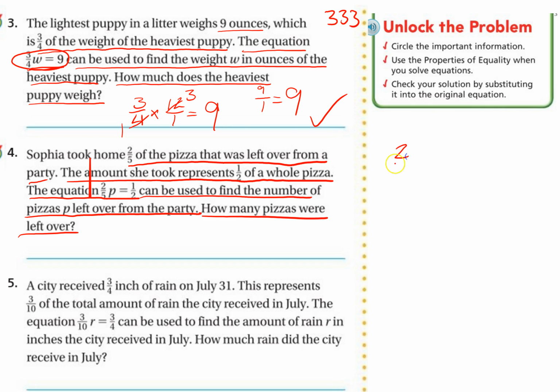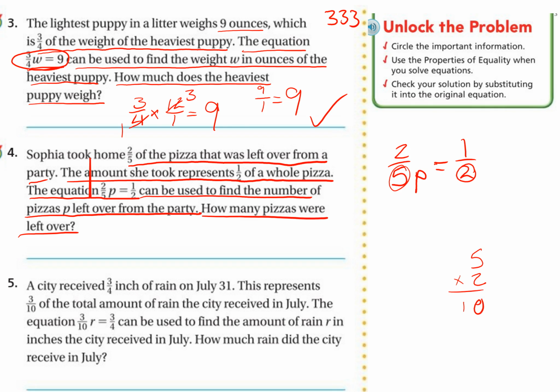Okay, so here's my equation. 2/5 P equals 1/2. Now remember from that previous problem, if we have fractions on both sides of the equal sign, then we need to multiply these two denominators. 5 times 2 is 10.